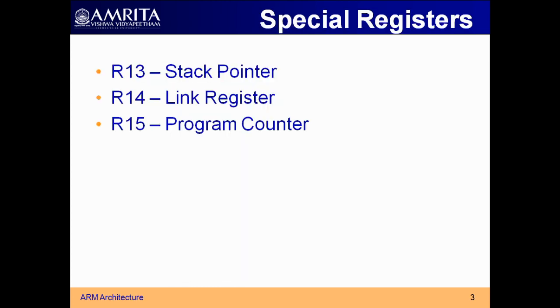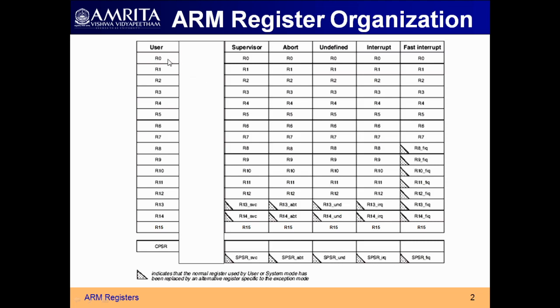Then you can see there are 3 special registers available in the ARM. We have told that the ARM has registers from R0 to R15, that is, a total of 16 registers. Of the 16 registers, R13, R14 and R15 have special functions.